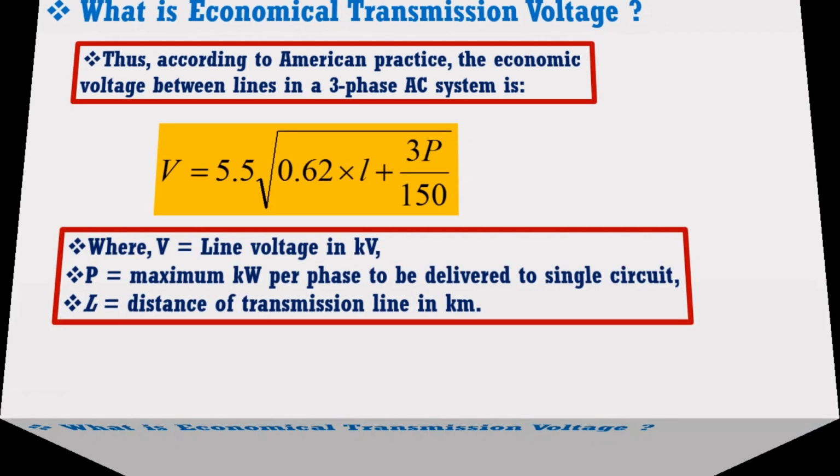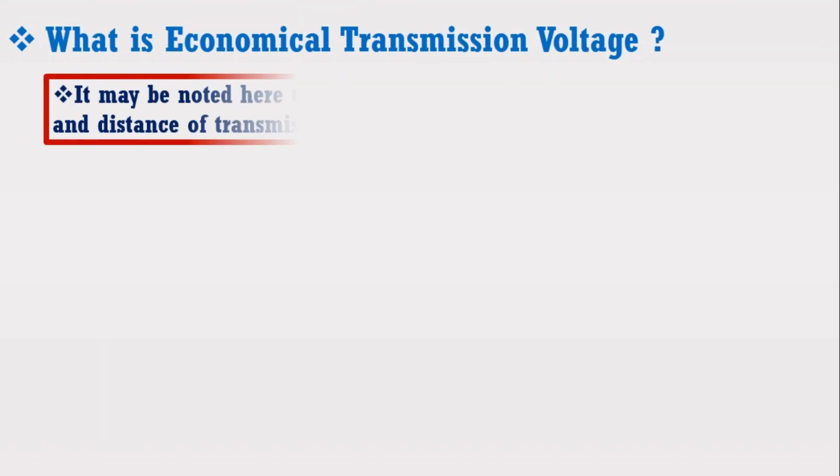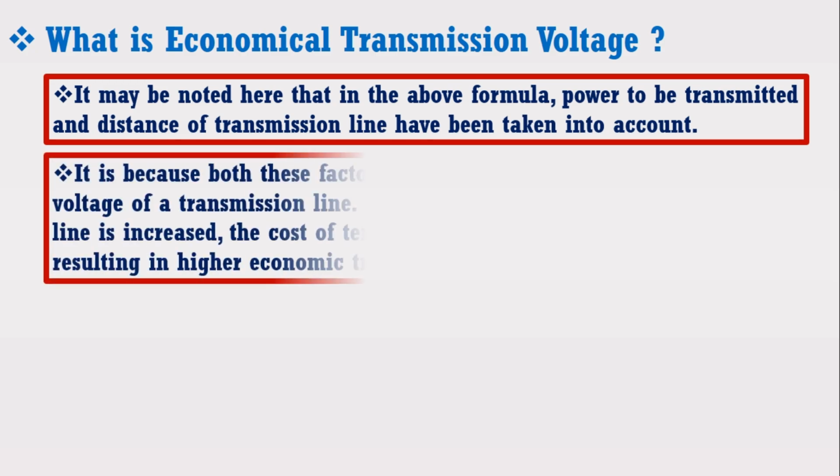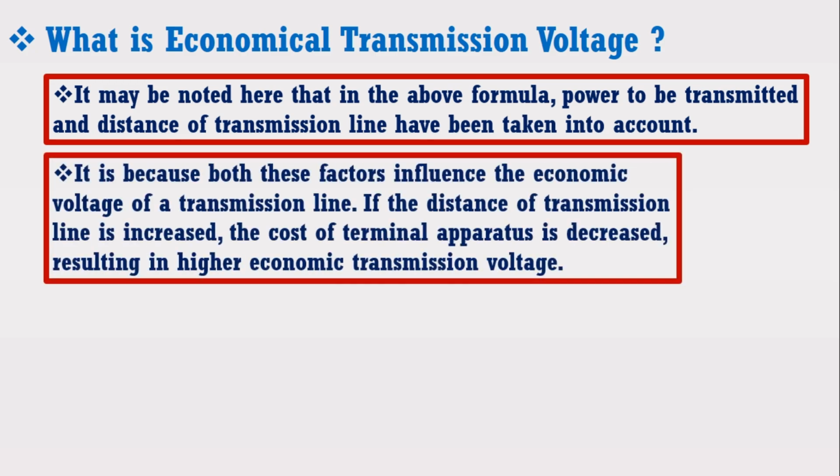It may be noted here that in the above formula, power to be transmitted and distance of transmission line have been taken into account. It is because both these factors influence the economical voltage of a transmission line.